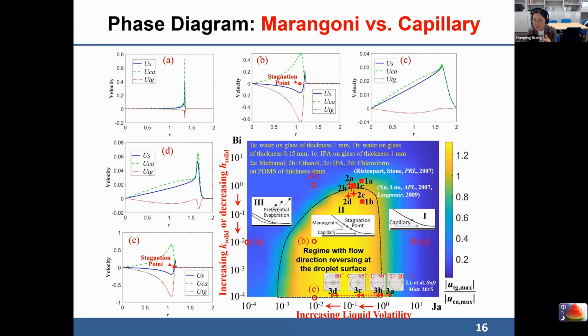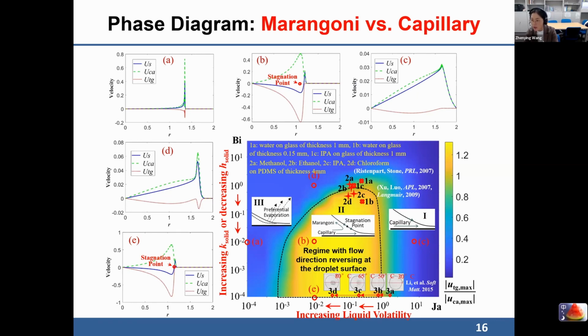So the time scale also depends on the volatility of the liquid. If the volatility of the liquid is small, the capillary dominated region will be longer.